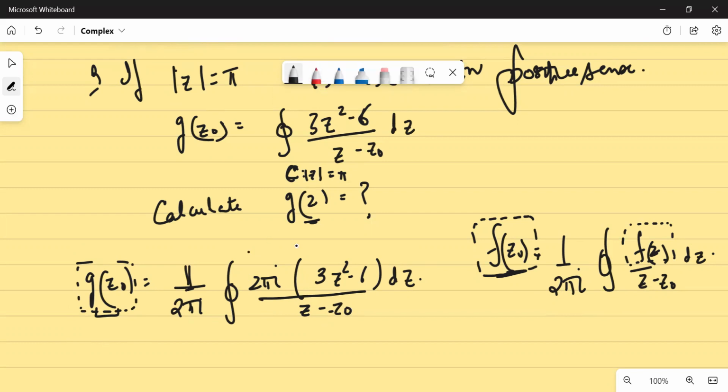So this particular structure that I'm marking in red, what will this be? Won't this be g(z)? If you look carefully, just compare things. Okay, so g(z) comes out to be equal to 2 pi iota into 3z square minus 6.